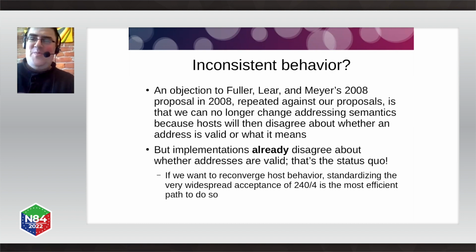In fact, since so many implementations changed in 2008, the status quo is that there's a very widespread disagreement about whether 240/4 in particular, and to a lesser extent, other addresses that we're talking about, are valid or not. So if we want hosts to interpret all addresses in the same way, standardizing 240/4 as valid in particular is actually the most efficient way to get back to stronger consensus among implementations.